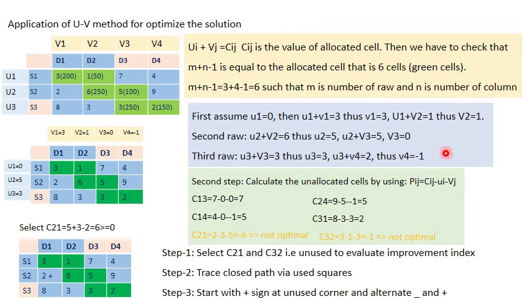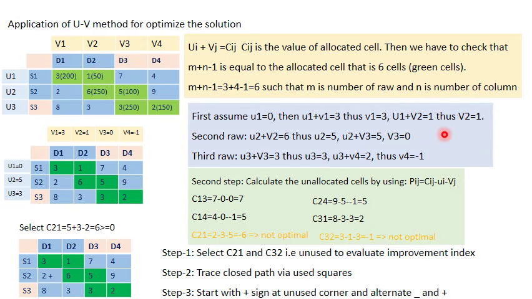We calculate like this. And after getting all, calculate the value of Ui plus Vj equals Cij. The second step is to calculate the unallocated cells by using Pij equals Cij, that is the cost, minus Ui minus Vj.